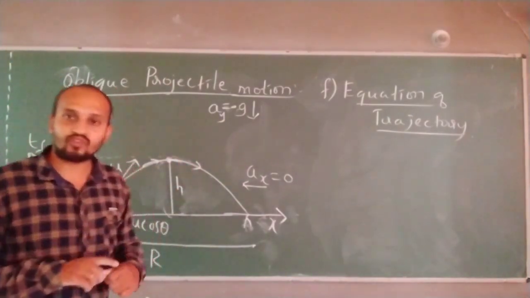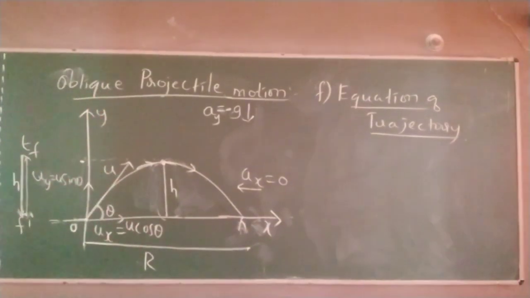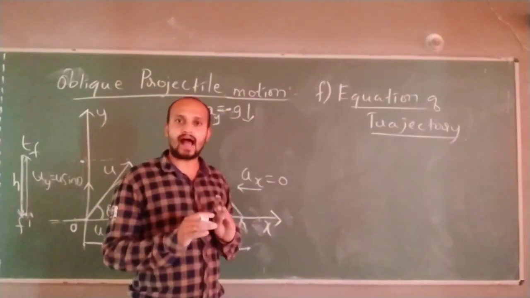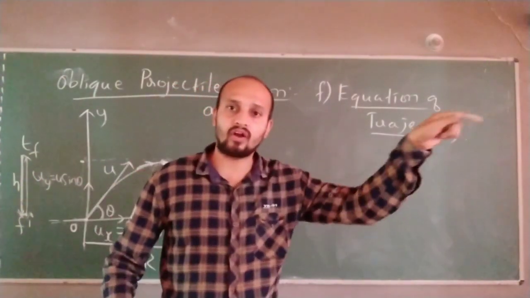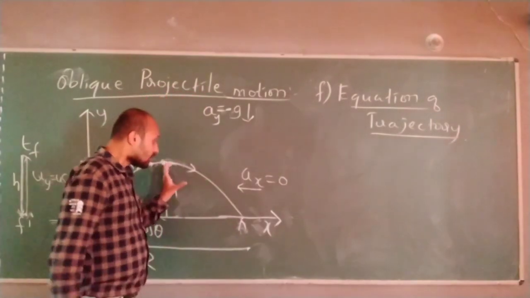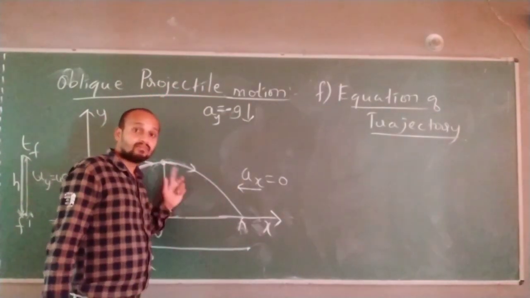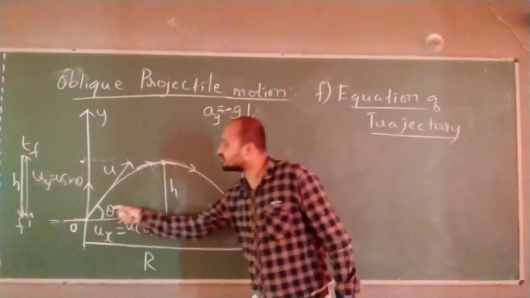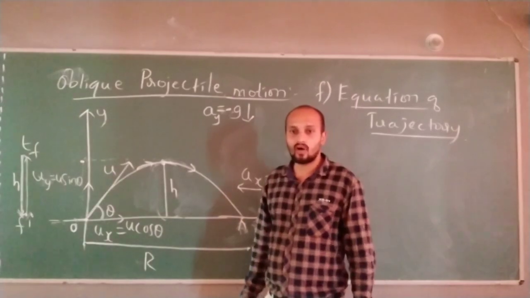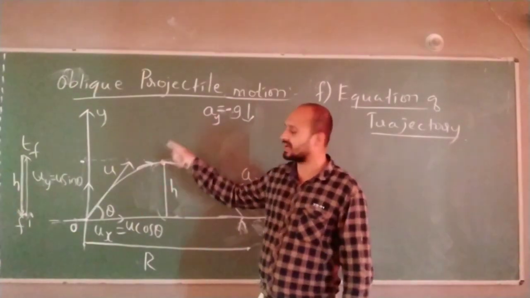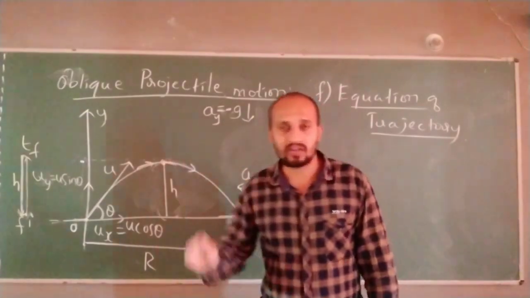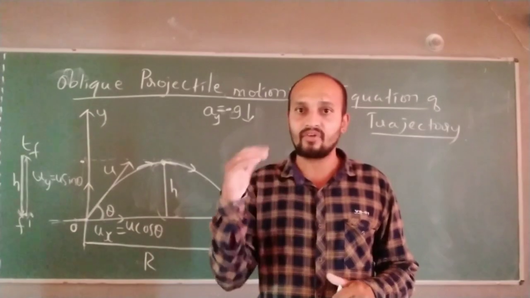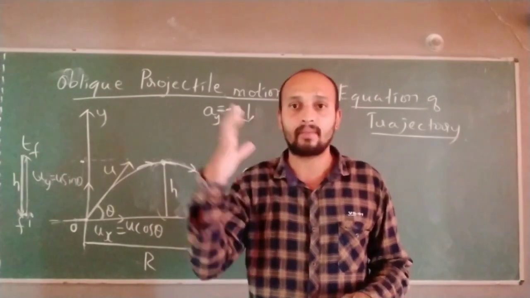Mathematically, if the question asks to find the path followed by a particle, you have to find the equation of the line that represents the path. Whatever graph you take on x and y axes, if you find the equation of that line, it will give you an idea of the shape of that line.